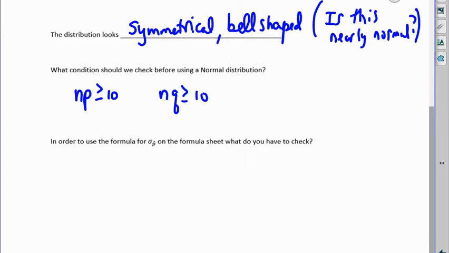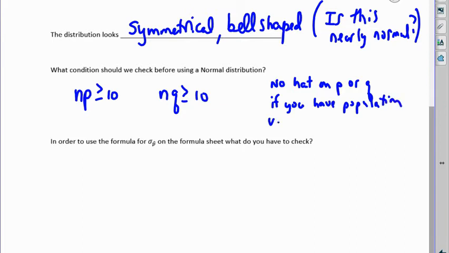Now look on this formula and you can see that there is no hat on the p or the q, so if you have population values, that's what you'll be checking to see the shape. Then use them. Okay, and that would be to be able to be nearly normal.